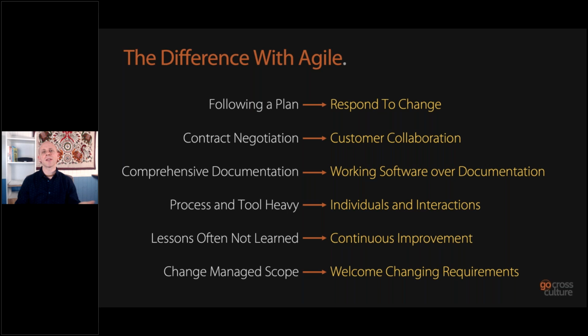The last point is change management of scope. If something changes on a project, we've got to raise a change request, somebody has to impact assess the change, then somebody has to price that up and estimate how long it's going to take, and then we have to replan. Whereas with Agile, it's welcoming changing requirements. Again, that sets alarm bells ringing for people, thinking, well, if you're changing all the time, it's completely undisciplined.